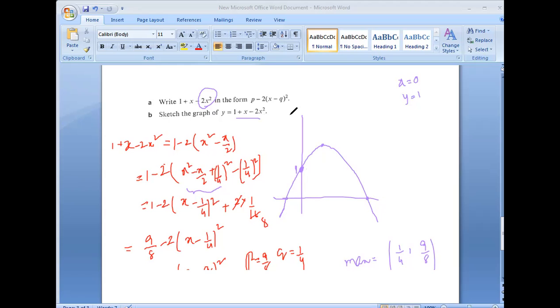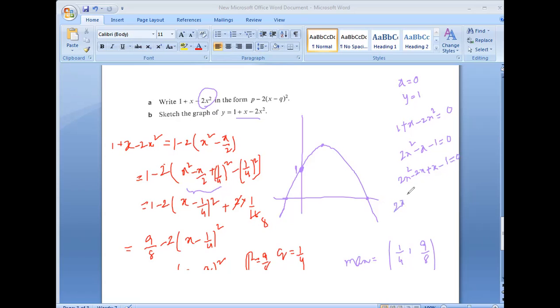If y is equal to 0, then 1 plus x minus 2x square is equal to 0. So 2x square minus x minus 1 equals 0. What are the factors? 2 into minus 2. So 2x square minus 2x plus x minus 1 is equal to 0.